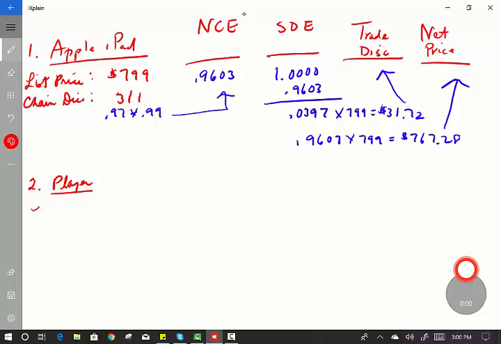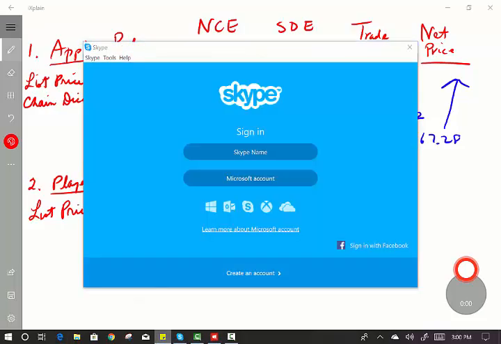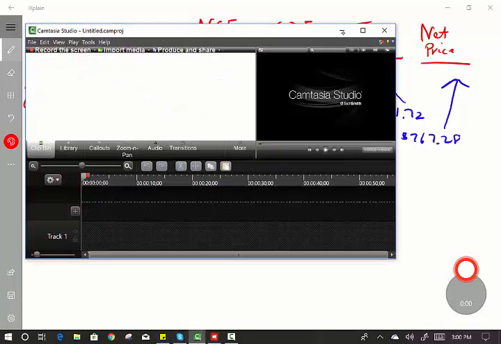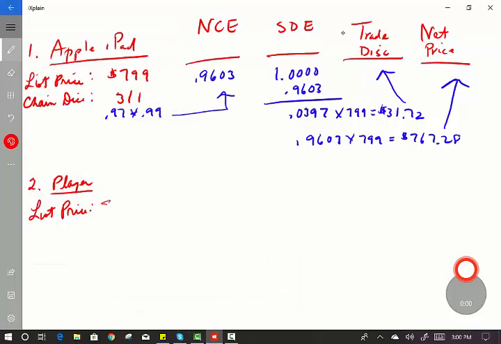First, I need to know what the list price is. The list price of this player is $199, and the chain discount is 8, 4, and 3.